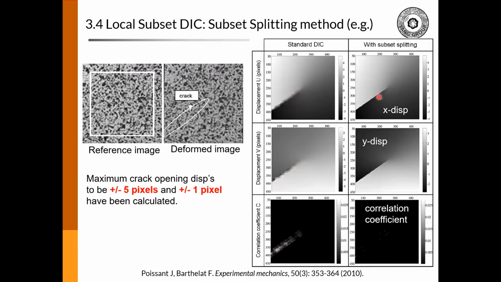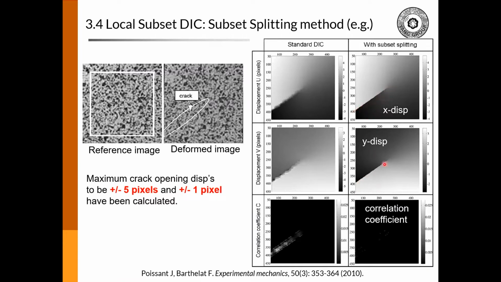If you use this subset splitting local method, all the subsets near this crack line will be cut automatically. And you always use the same part of the subset to track the deformation of the same subset centroid. So you can very nicely solve the problem, even across the crack.